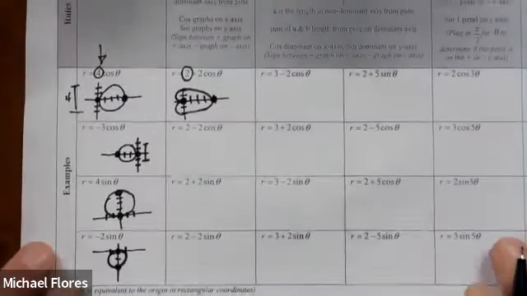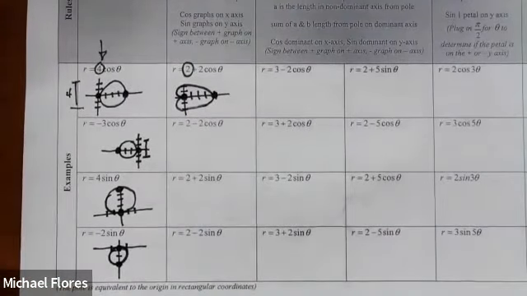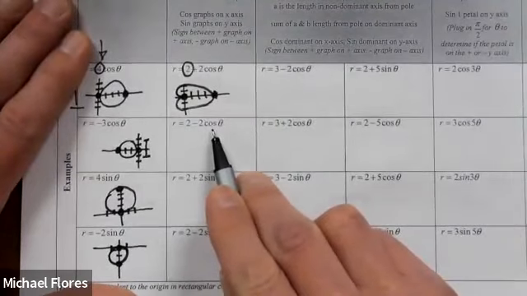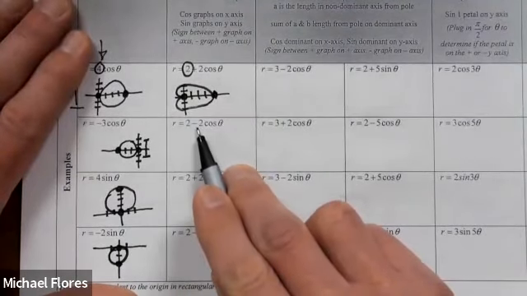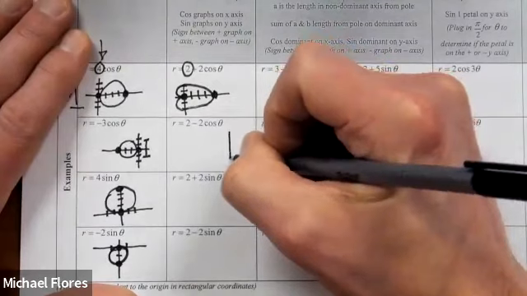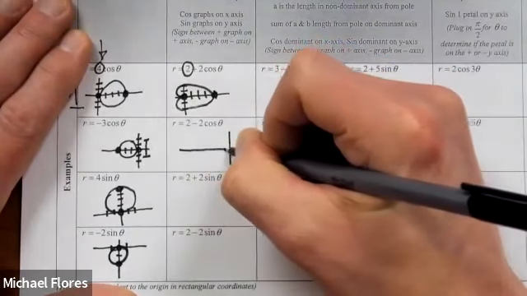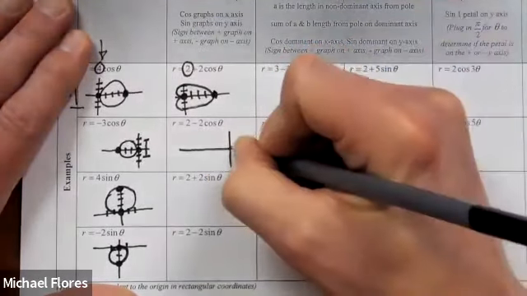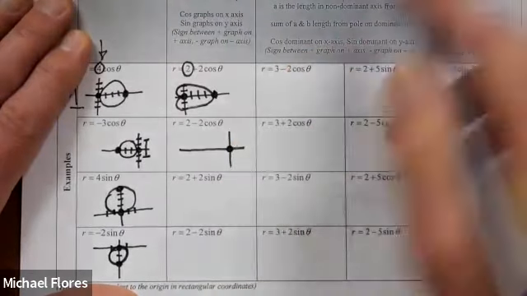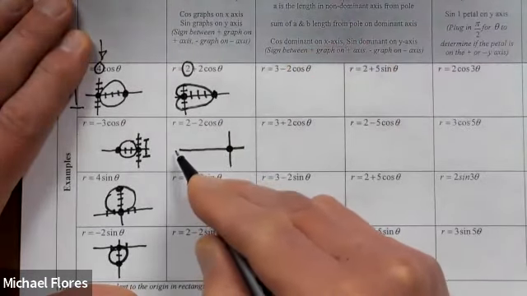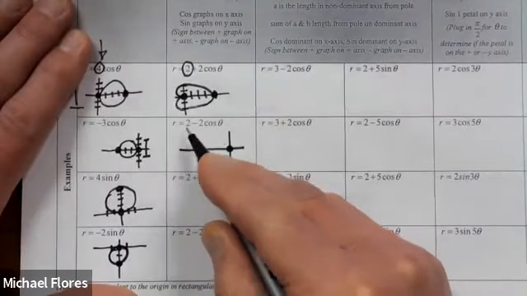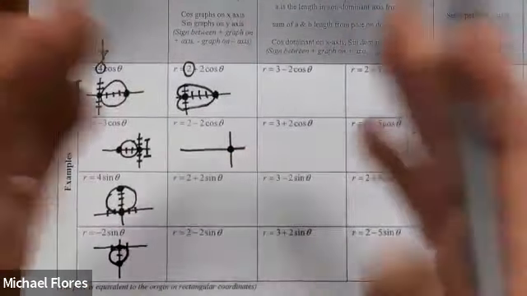Beautiful. r equals -2 cosine theta. Cosine is the x-axis. There's a -2 in front of cosine, so negative x-axis. Pole. Now, how far do we go away from the pole in the negative direction? We're going to add these numbers, disregard the sign.